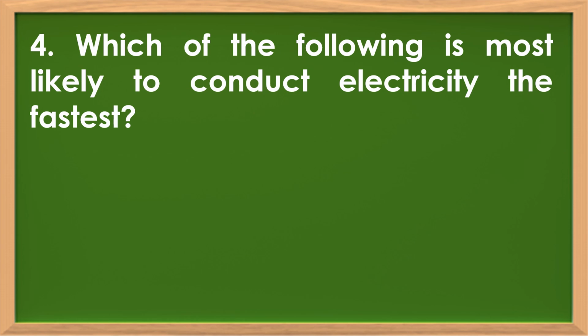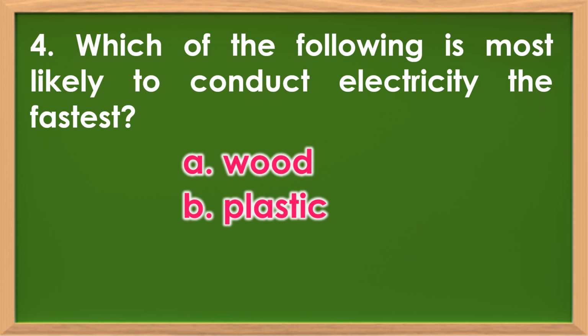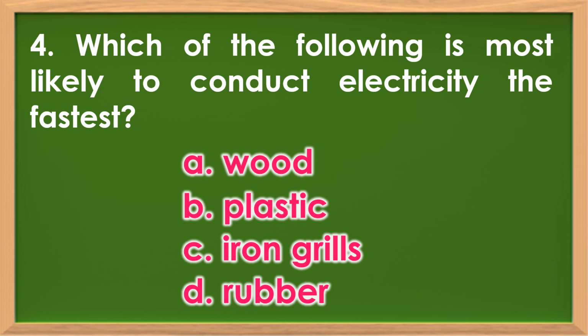Which of the following is most likely to conduct electricity the fastest? A. Wood, B. Plastic, C. Iron grills, D. Rubber. Nice!